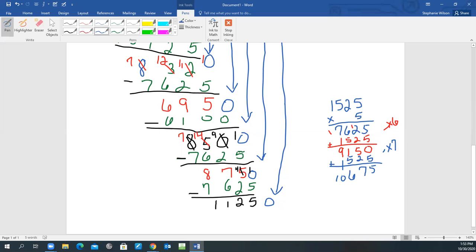Okay, I believe this is going to be the one we're going to work with, but I want to show you what I meant. So if I wanted to go another step and add one more set on here, it'd be times 8.